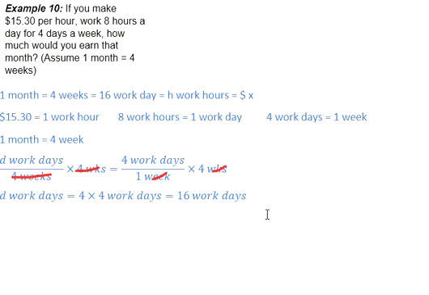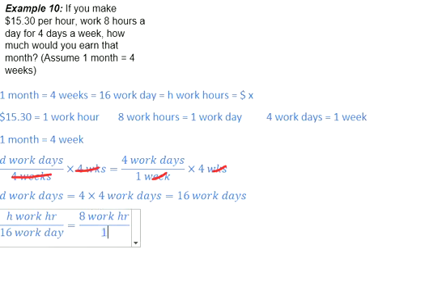So now I can change the work days into work hours. So I know the H work hours, correction, the unknown number of work hours per 16 work days, and compare that to my 8 work hours in 1 work day. Multiply both sides by 16 work days.